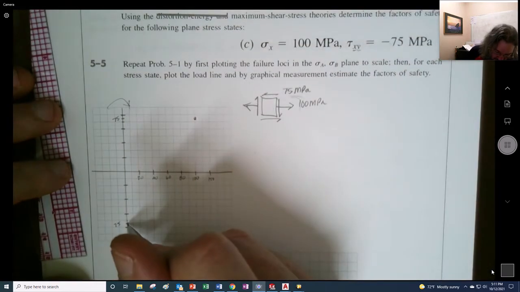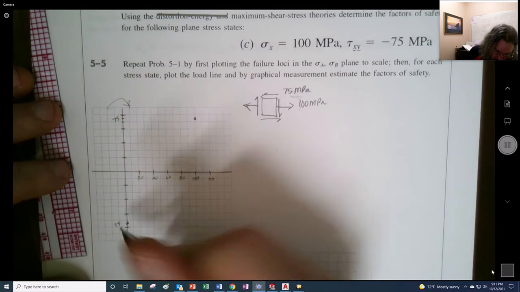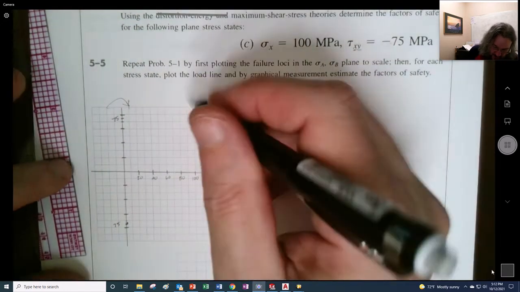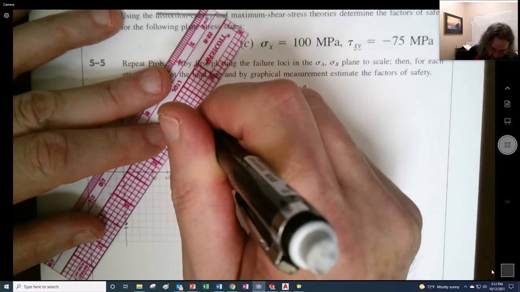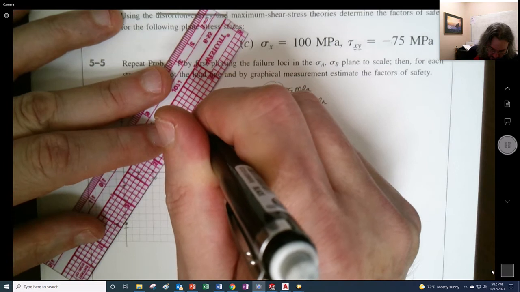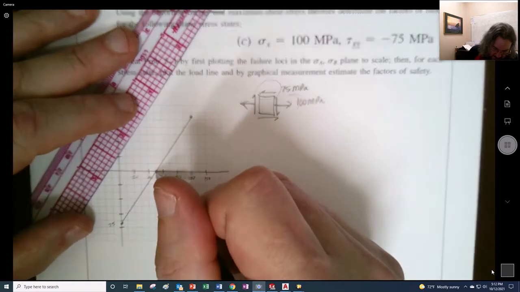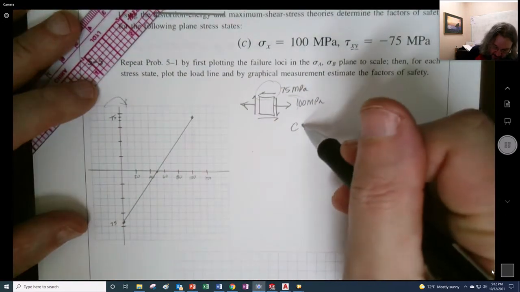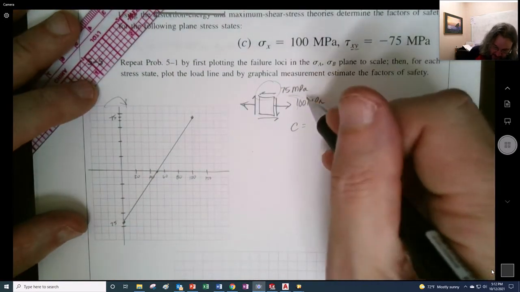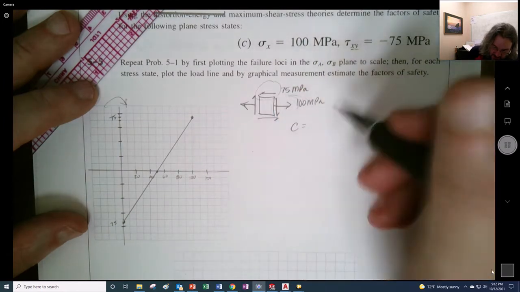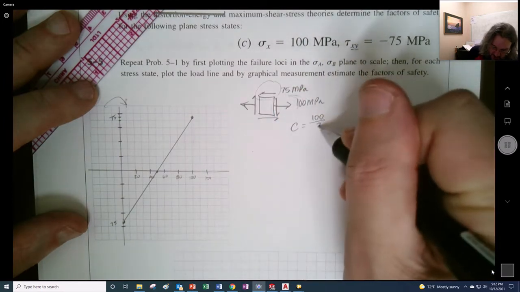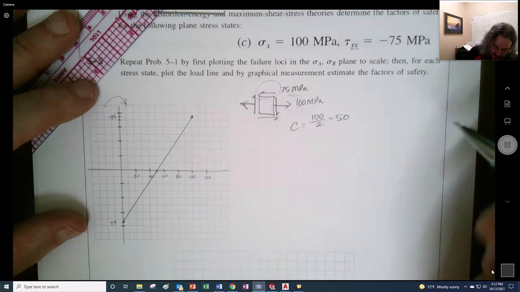And right down here, it's going to be right there because we're plotting out this face. So we will plot this through, and hopefully it comes out somewhere near 50. And it did right there, right? Because the center should be the average of the two normal stresses, which is just going to be 100 divided by 2, or 50.